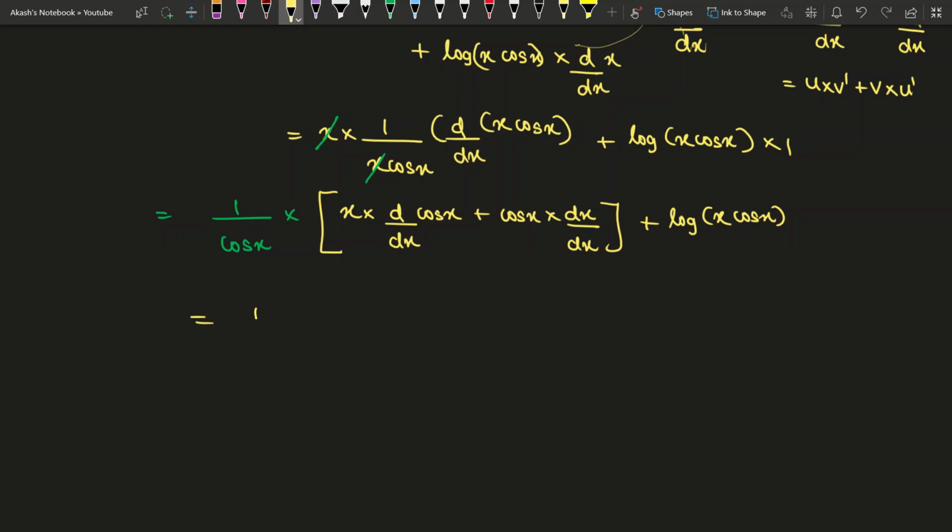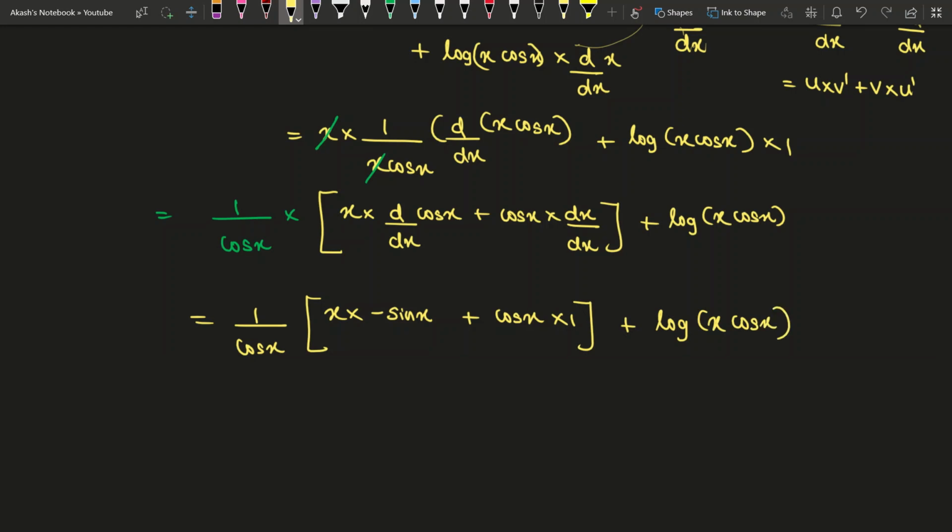You will be getting 1 by cos x into x into what is derivative of cos x? Derivative of cos x is minus sin x, plus cos x into dx by dx, that is equal to 1, plus logarithm of x cos x. Clear?